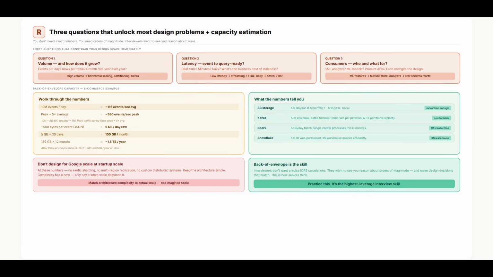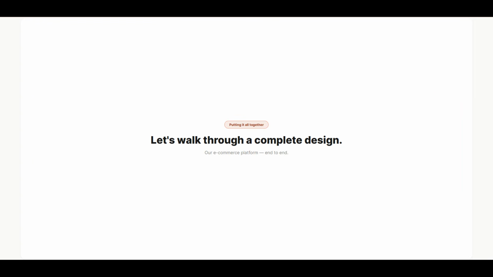You're nowhere near the scale where you'd need exotic sharding strategies or multi-region replication. That matters because it means you can keep the architecture simpler. Don't design for Google scale if you're operating at startup scale. Back of envelope is the skill. Practice it. Let's walk through a complete design for our e-commerce platform.